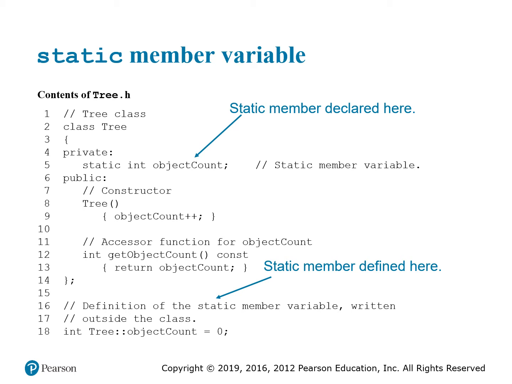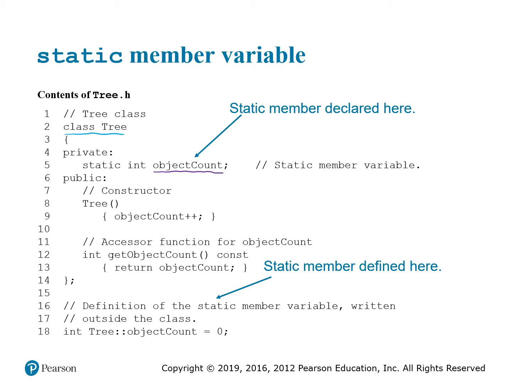Okay, so here's a really simple example of a static member variable. We have a class Tree that's modeling, I suppose, the trees planted in an arboretum or something. The arborist wants to keep a count of how many trees we have.